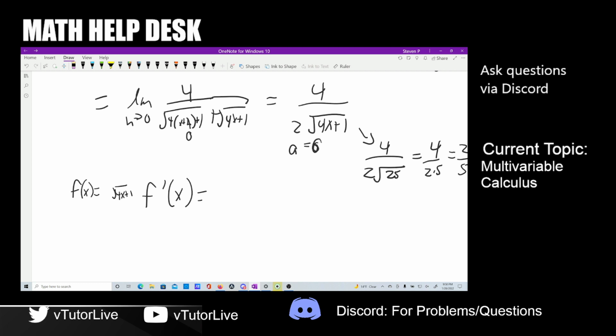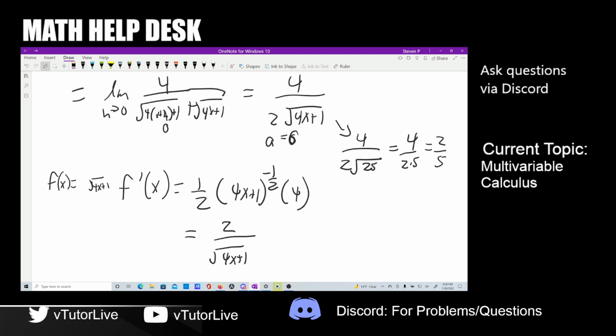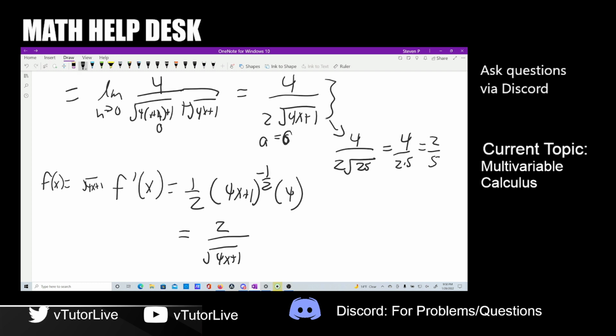Was the original function just this? Yeah, that was just the original. So then, to do the power rule, you just bump the 1/2 out in front, and this becomes 4x plus 1 to the minus 1/2, and then with the chain rule, you get an extra 4. So this turns into 2 over the square root of 4x plus 1. Yeah, and I think that agrees exactly with what I had over here. So very good.